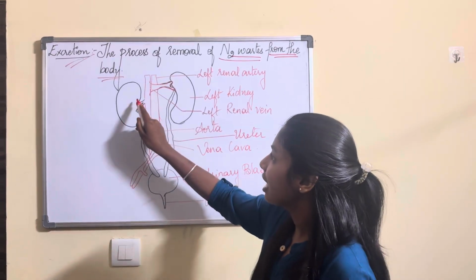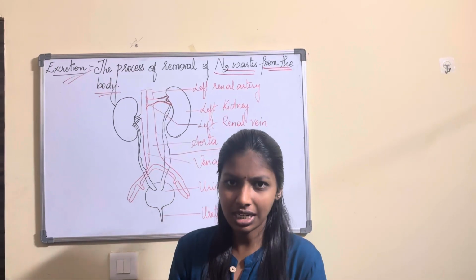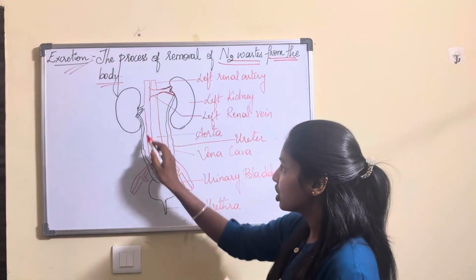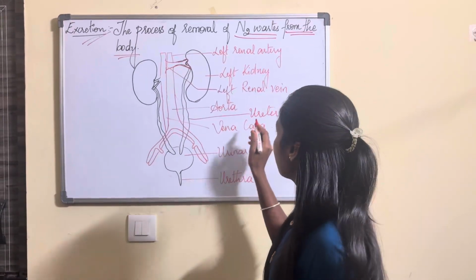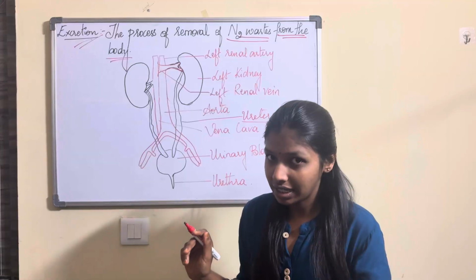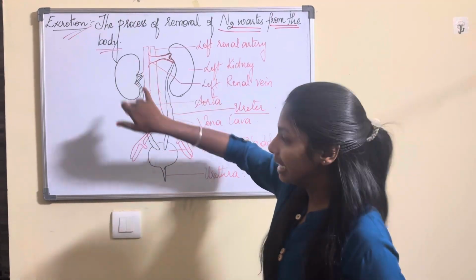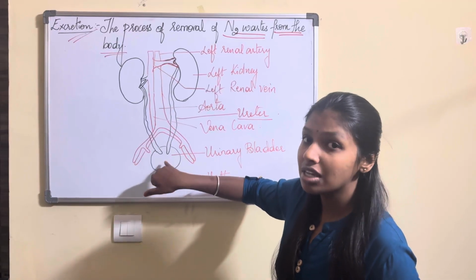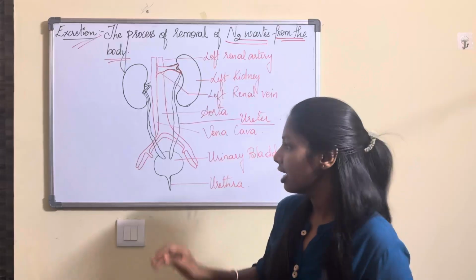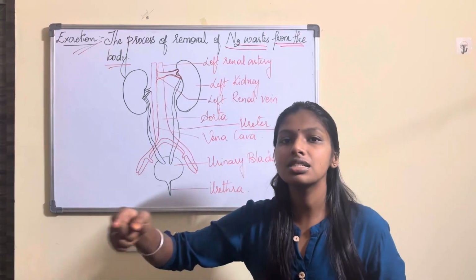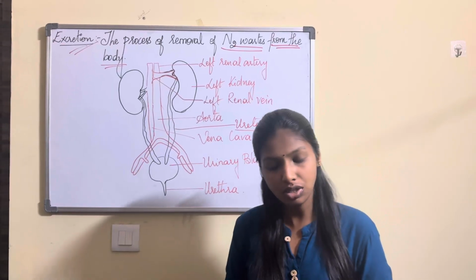Each kidney is connected by a pathway, which we call the ureter, a long tube-like structure which connects the kidney to the urinary bladder. The urinary bladder is a muscular organ, and from there the urine is passed out through an opening called the urethral opening, or urethra.